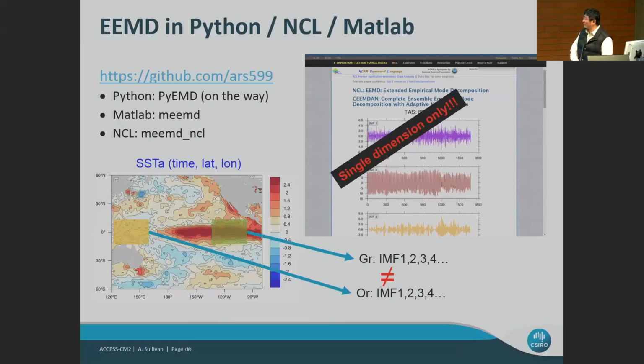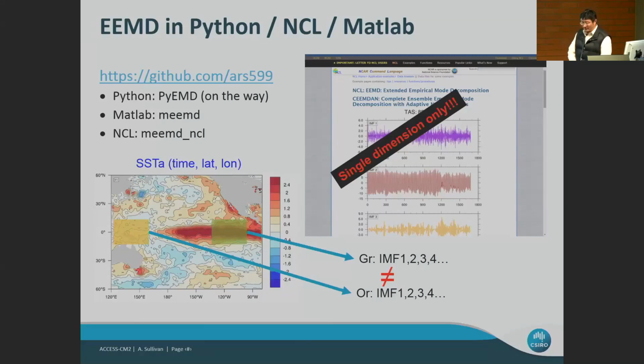The reason why I want to introduce these 2 seminars is that a lot of people start to use EEMD in climate research, particularly some people didn't realize we can use EEMD in 2 dimensions or even 3 dimensions. So why do we have to emphasize this?